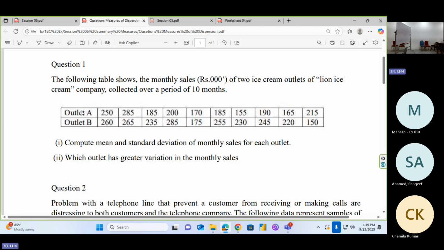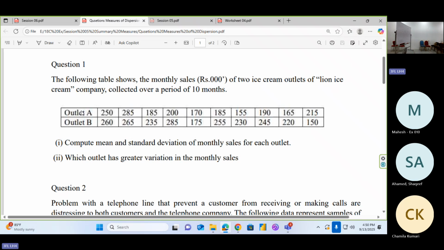Population exactly, normally we cannot say. Okay.